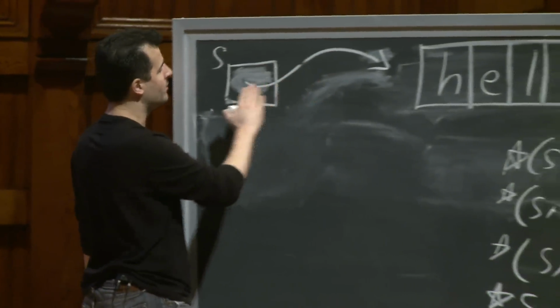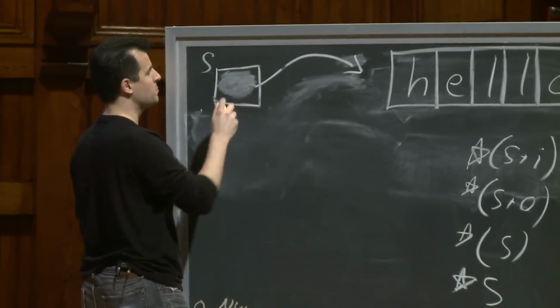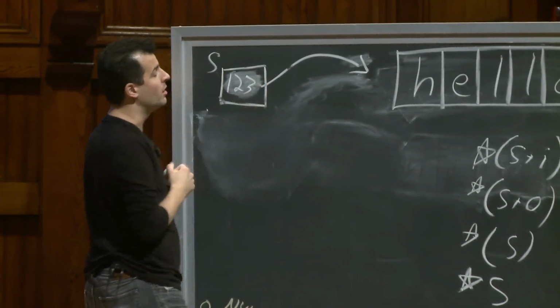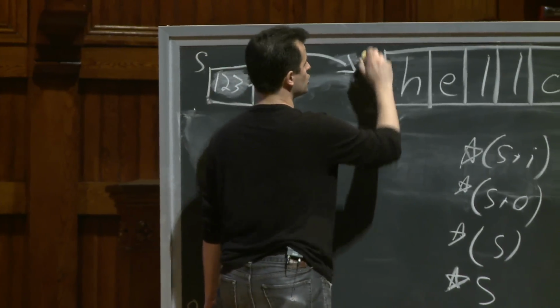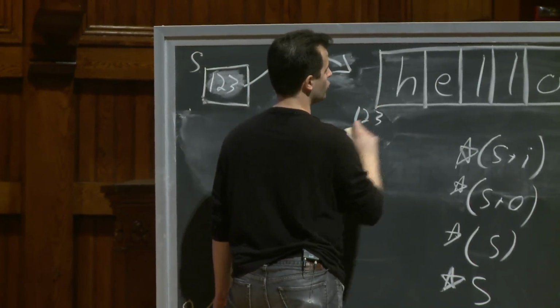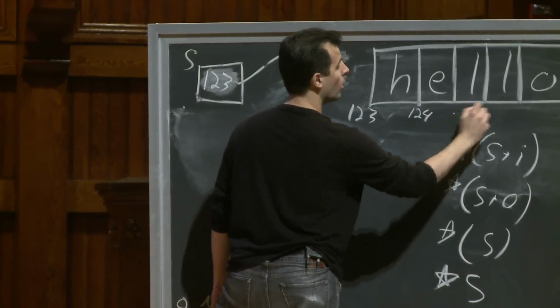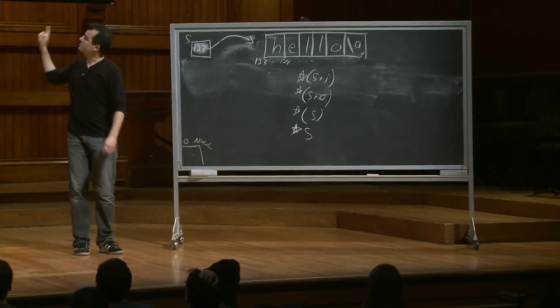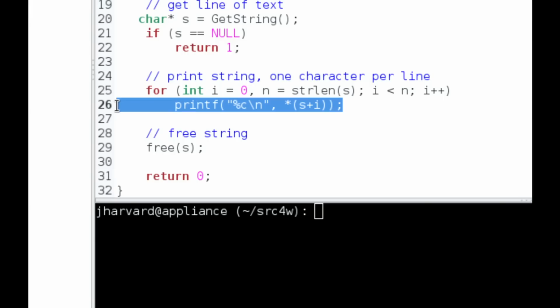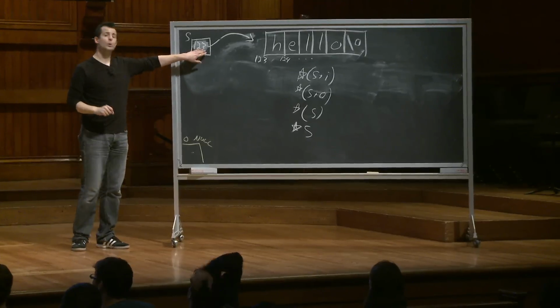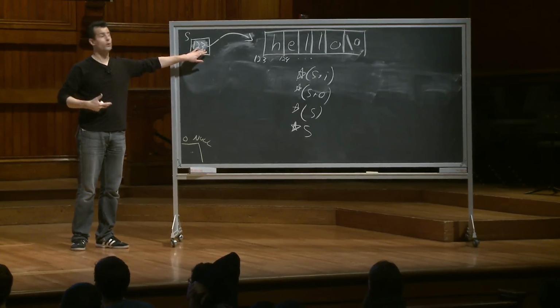Now, what is s? Well, let's roll back in time and say, all right, this arrow now isn't actually doing us any favors. Let's more specifically say that this is storing the number 123 because the start of this string, hello, this is address 123, this is 124, and so forth. So on the second iteration, when I'm saying s plus 1, that's like saying 123 plus 1, otherwise known as 124.